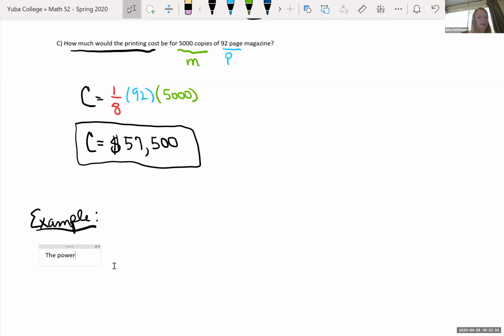The power P, measured in horsepower, HP, needed to propel a boat is directly proportional to the cube of the speed s.